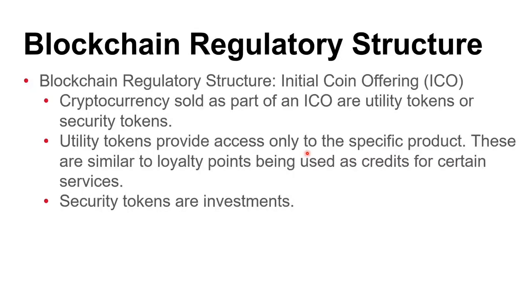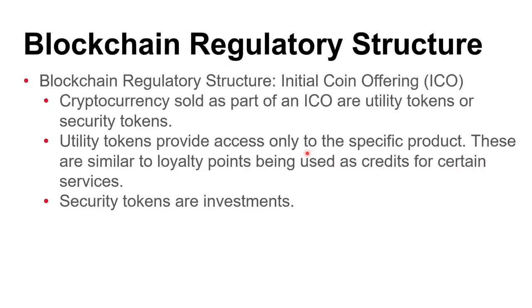So is cryptocurrency sold as part of an ICO a utility token or a security token? An ICO is an initial coin offering. If it sounds like an initial public offering, you'd be right. They're very, very similar.